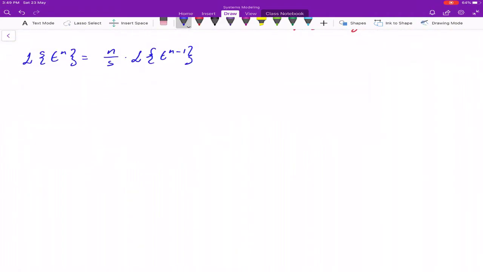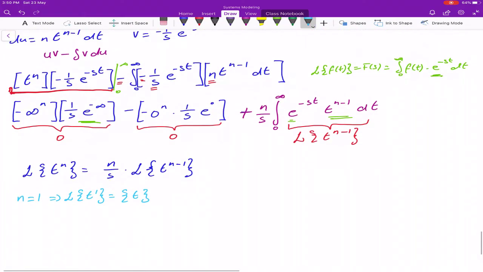Now, let's say n is equal to 1. So if n is equal to 1, this is going to be the Laplace transform of t to the 1, which is the same as the Laplace transform of t, which we found earlier.